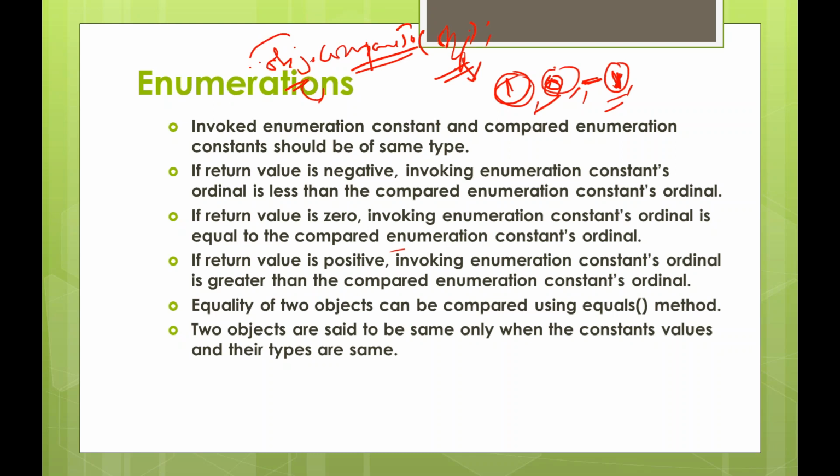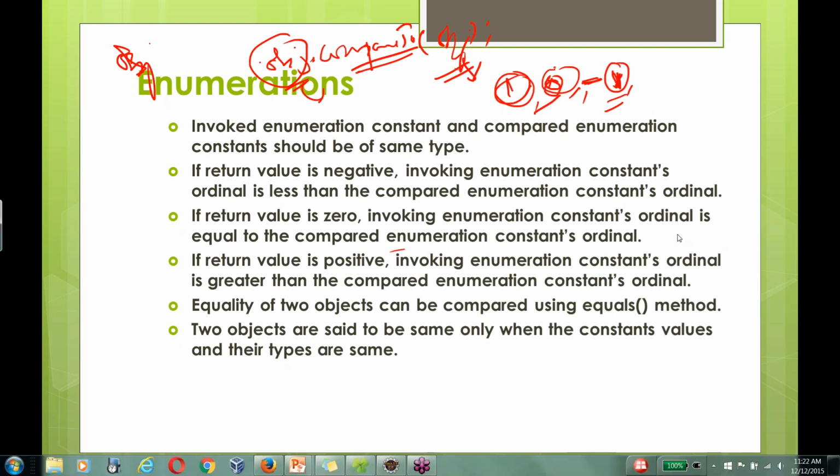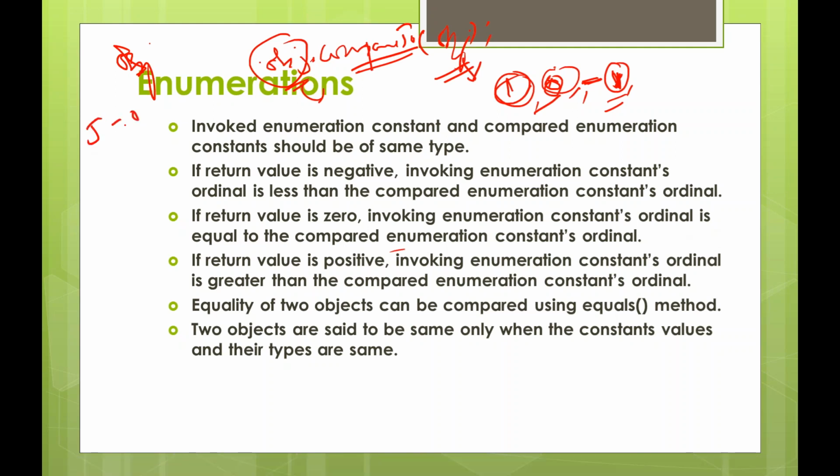What happens is it will check whether object 1 comes first, let us assume using the ordinals itself. Say for example, Jan's ordinal is 0, and Feb's ordinal is 1.